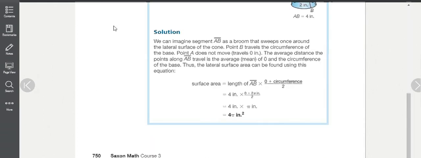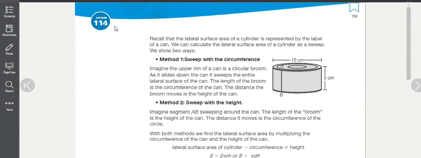Now at the top of page 750, they try to use the broom approach to understand how we found LSA of a cylinder, which could be demonstrated as the label portion of a can.